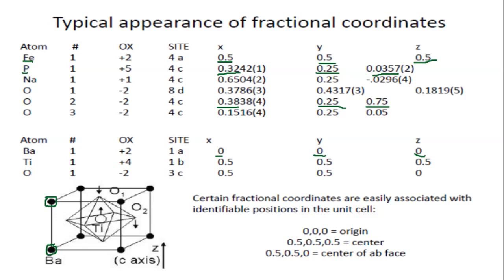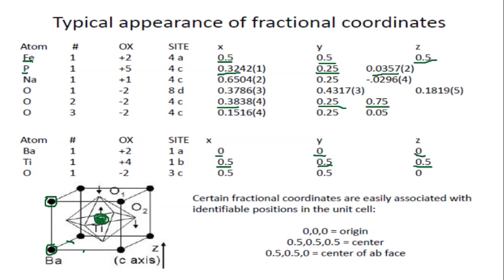Now, titanium is at a half, a half, a half. That tells us that the titanium atom is located in the center of the unit cell. So it's a half along A, for example, then a half along B, and then a half along Z, and that puts it in the center of the unit cell.